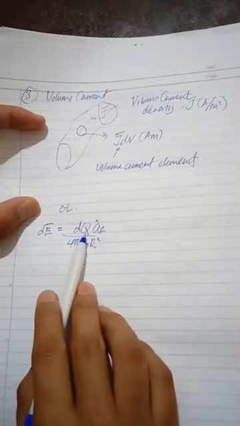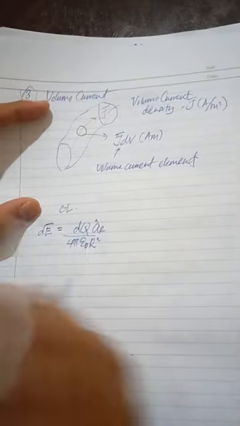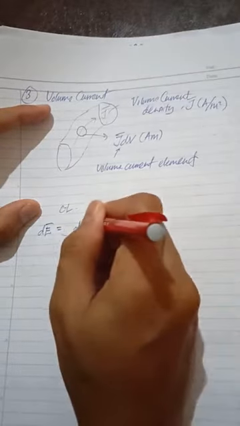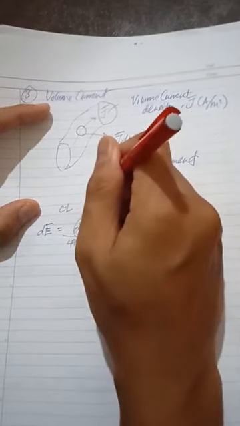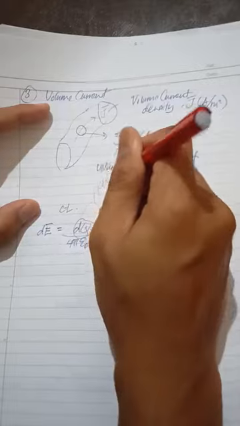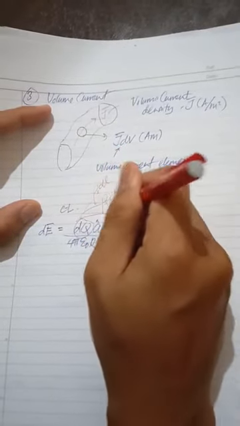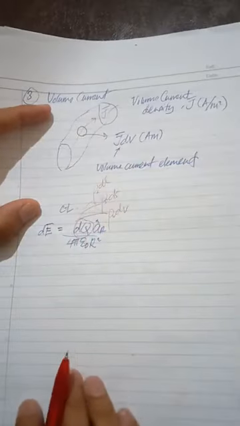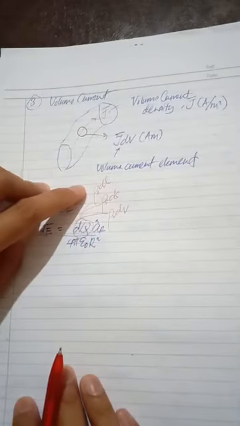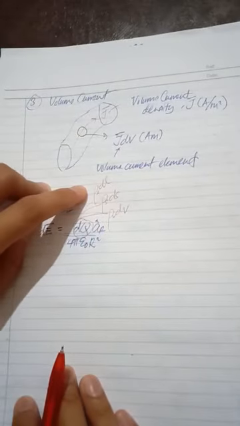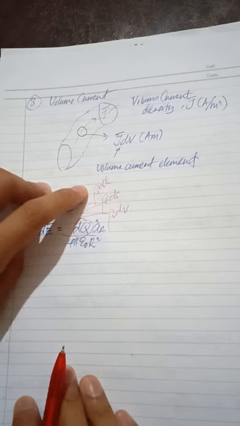So the dq is your sample of charge. It could be either rho L dL, could be rho S ds, could be rho V dV. So these three are called as sample of charge depending on type of structure that you are dealing with.